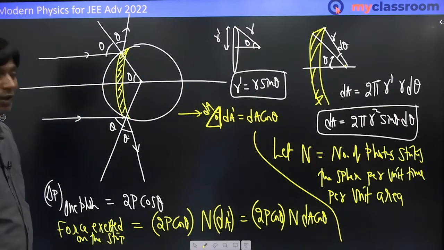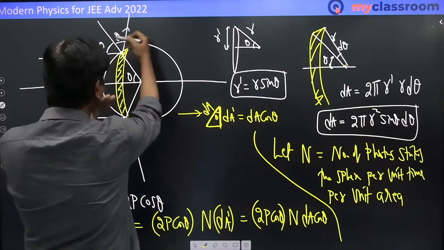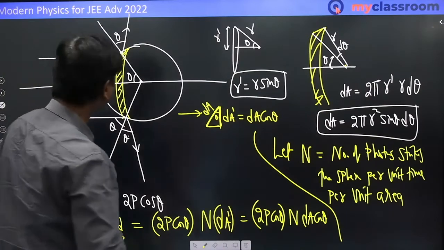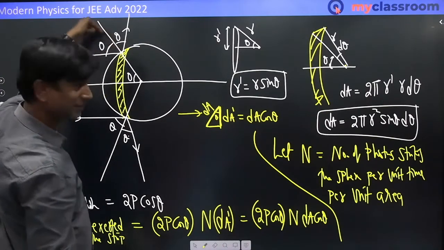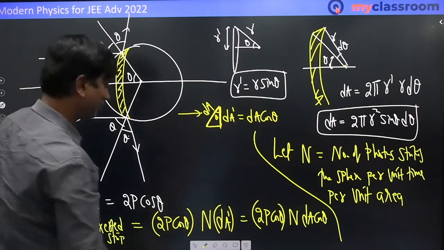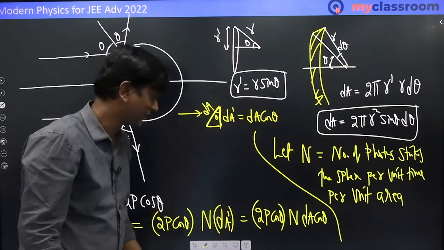This is a force. We are talking about the force exerted by all these photons on this strip. And of course, they will exert the force like this, not like this. Right or not? Okay, so 2p cos theta into n into dA cos theta.